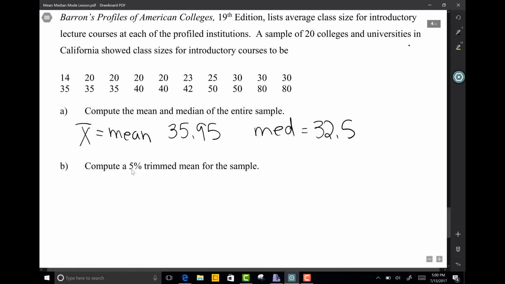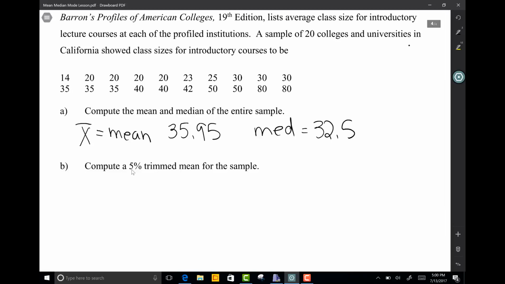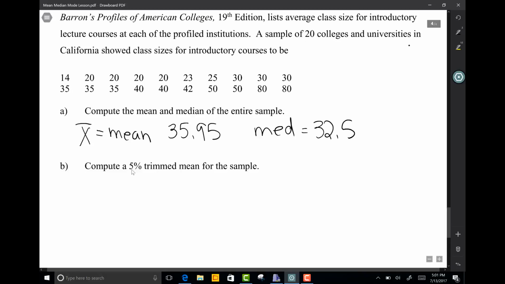Okay, so computing a 5% trimmed mean, we're going to take 5% off the top, the highest values, and then 5% from the lowest. So first we need to find out what that 5% is. How many data values would be 5%? Since we have 20 values in our data set, I want to find 5% of 20.